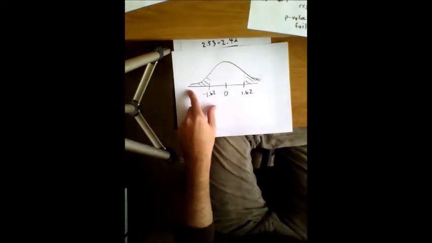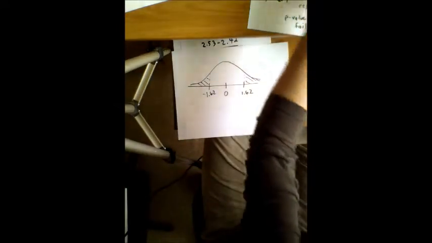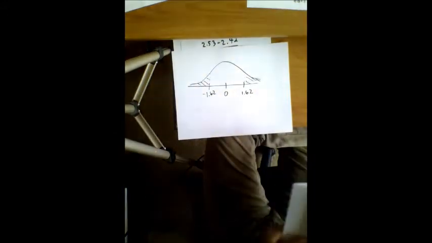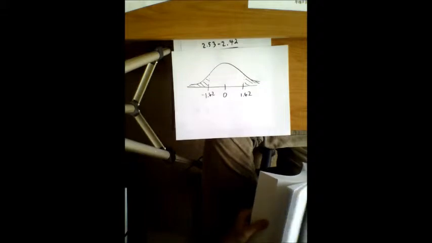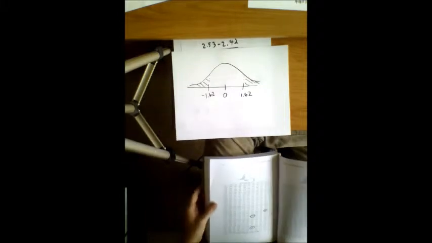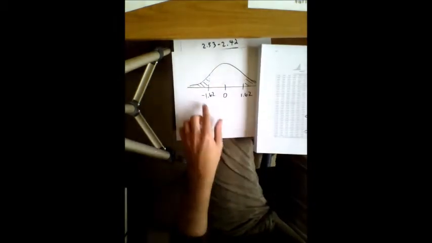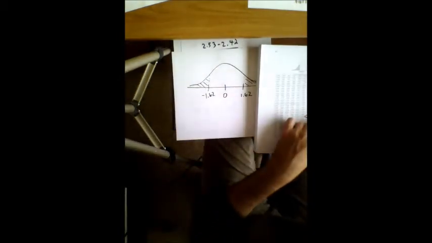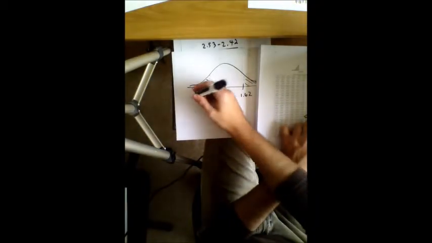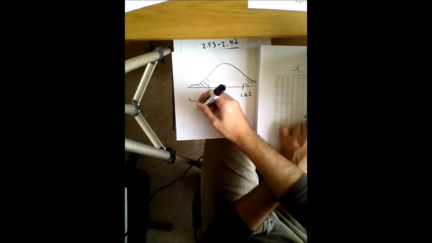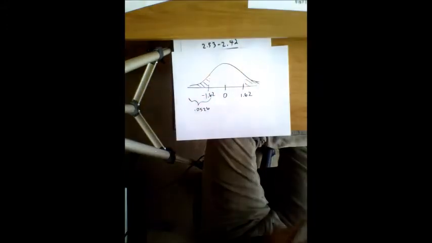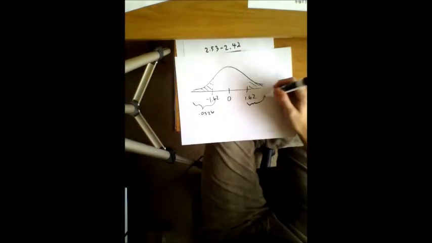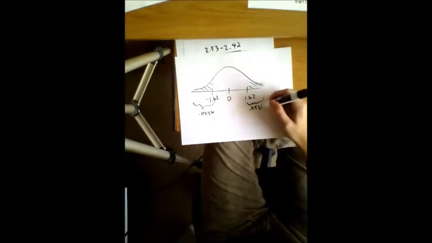Let's look in our chart to see what this area is. Looking in the back, we open up and we find negative 1.6, 0.2. This should be 0.0526. Without even looking for the other one, I know that this is also 0.0526.